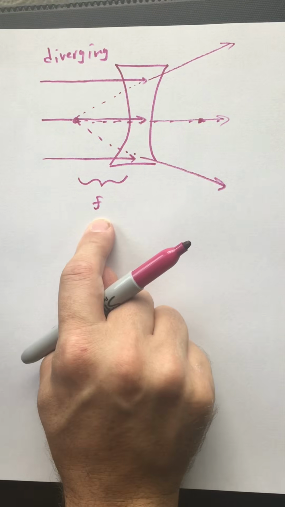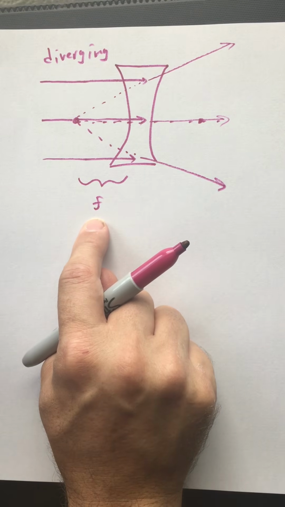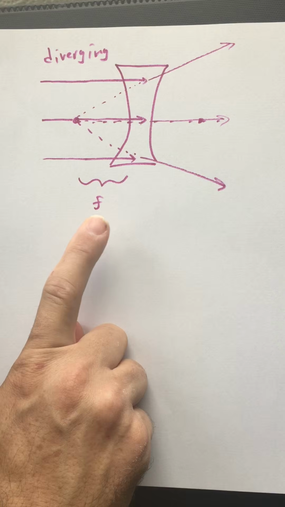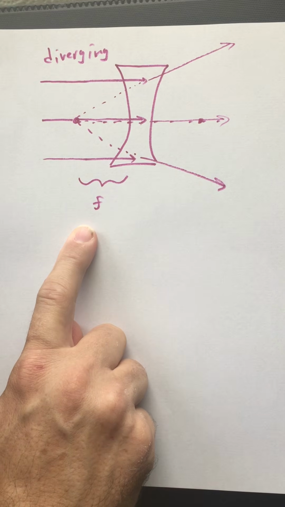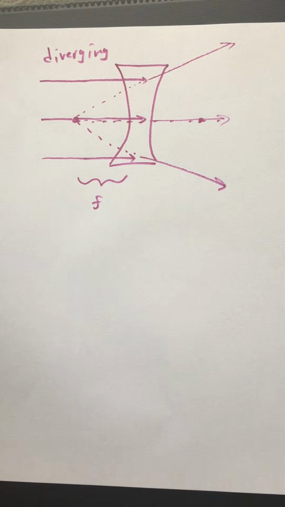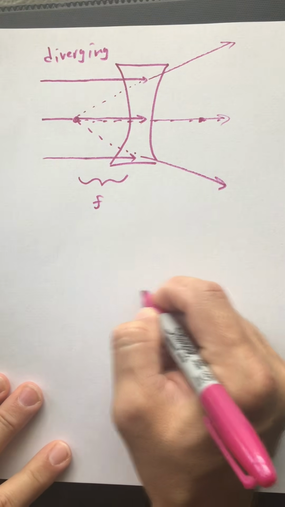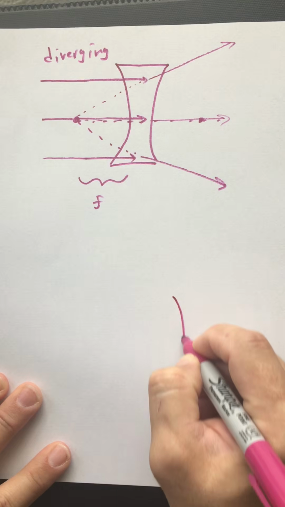Now, by convention, diverging lenses define their focal length negatively. So if you see a negative focal length, that means you have a diverging lens. We'll see what that looks like in an example right now. Let me take another diverging lens and put it over here.